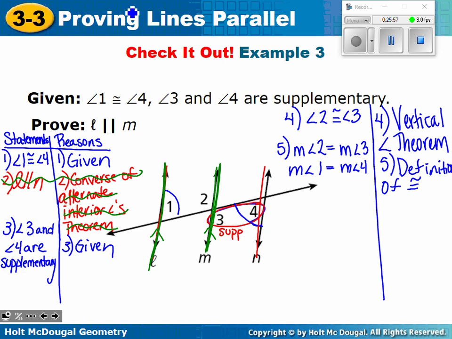Exactly. We need to use, what did you use there, Katrina? Exactly. So number 6 needs to be that the measure of angle 3 plus the measure of angle 4 is equal to 180. And that was the definition of supplementary.